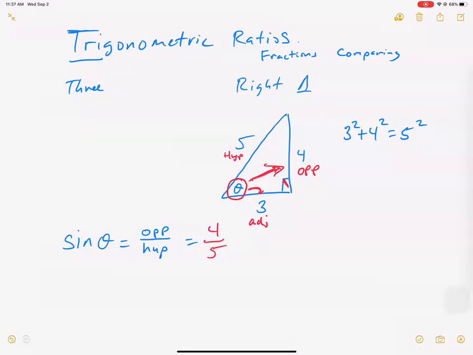Now, one thing we want to be aware of is that this is going to help us later, because remember triangles from geometry? You could draw triangles in a lot of different ways, but we had a rule.